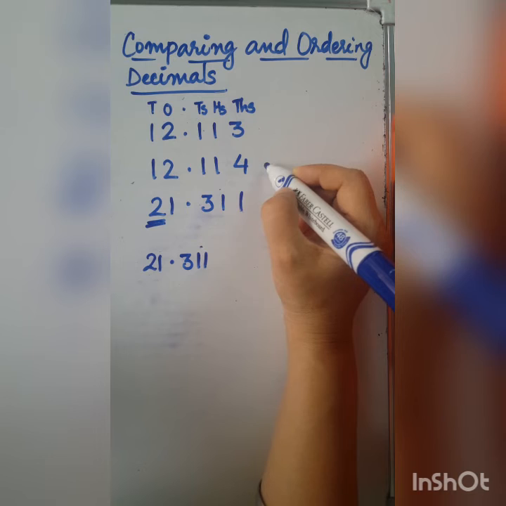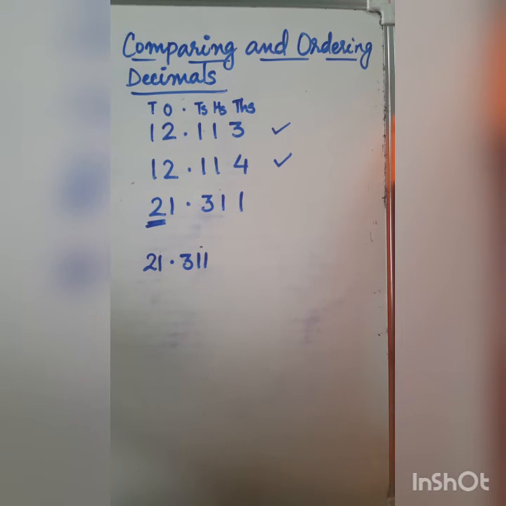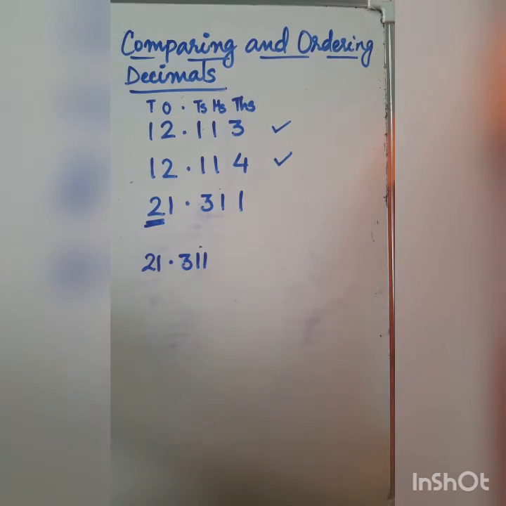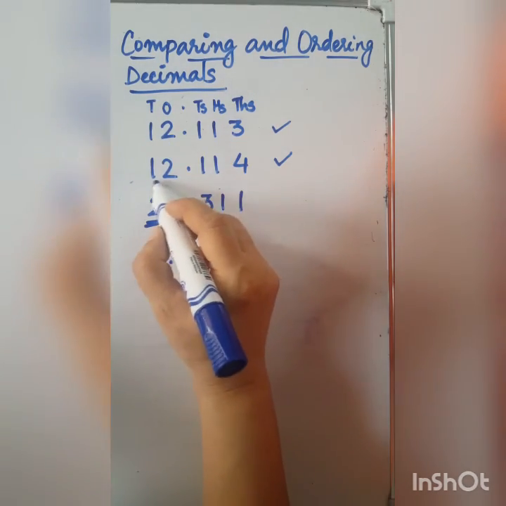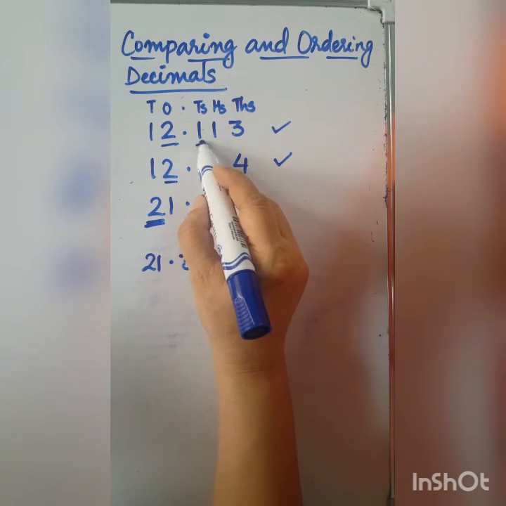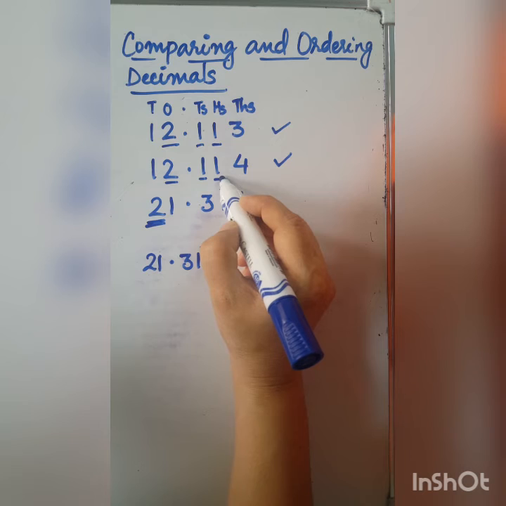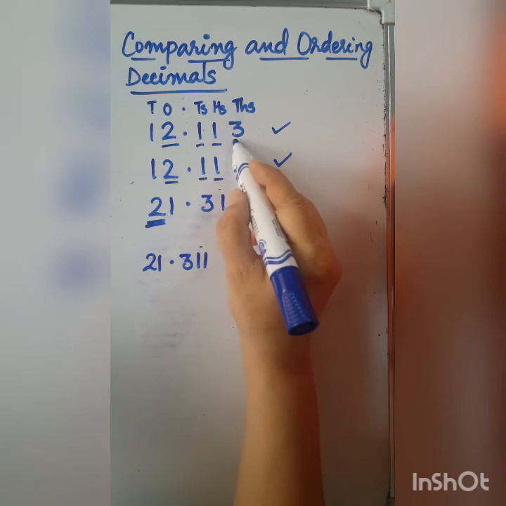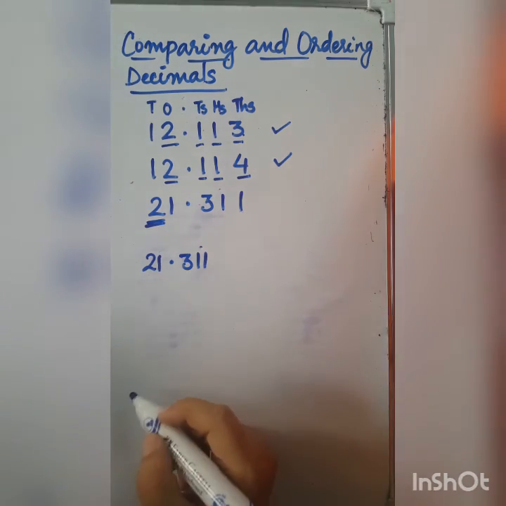So now in the list we have both of these two numbers, that is 12.113 and 12.114. So we will compare them. We will move next to the ones. We see both having 2, then to the next both having 1, to the next digit both having 1. So again to the next we see this is 3, 3 is less than 4.